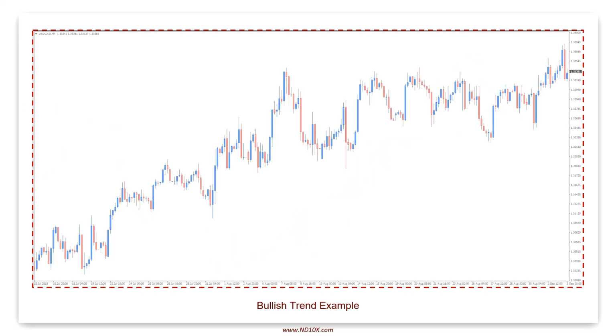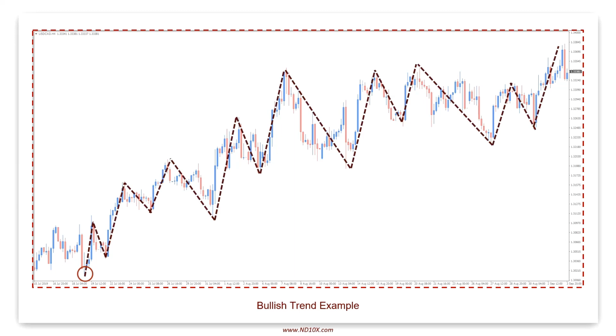Here's another example. Again, always try to start searching for a trend from some significant turning point in the market, or at least a point that you can see here. Don't try to search for the trend in the middle of a move. In this case, the lowest point on the chart is this one.